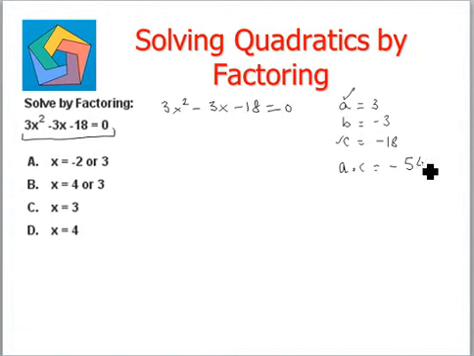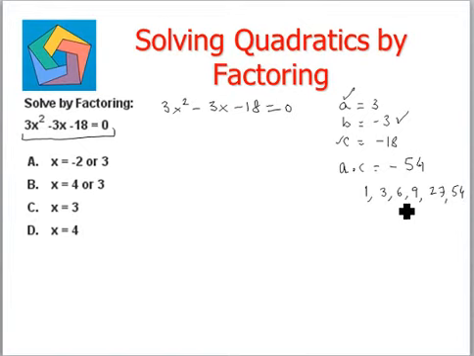So let's find out the factors of 54 first. We have 1, 3, 6, 9, 27 and 54. Now we have to choose two factors with proper signs so that we get negative 3 as their addition.